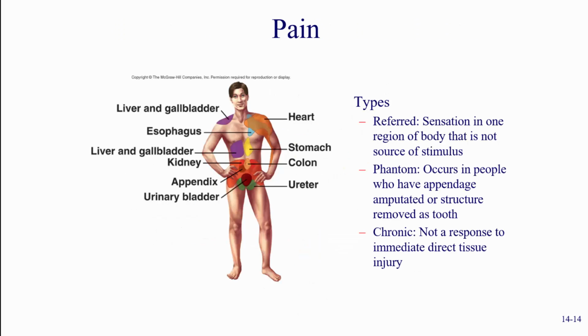Now looking at pain, the types of pain are referred pain, and this is sensation in one region of the body that is not the source of the stimulus. Phantom pain occurs in people who've had appendages amputated or a structure removed, such as a tooth, and you still feel that limb, you still feel that tooth. And it's very frustrating because you might have an itch, and you know what it feels like to not be able to scratch that itch.